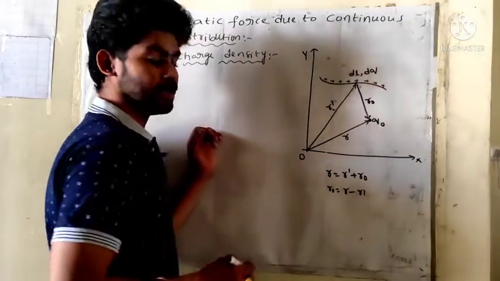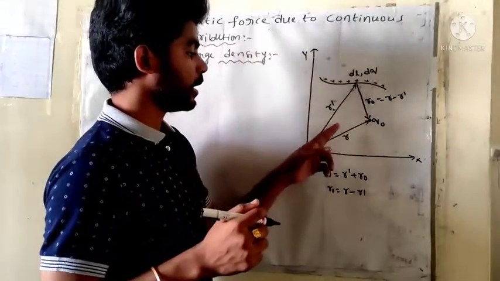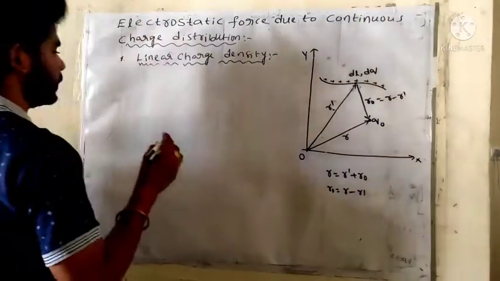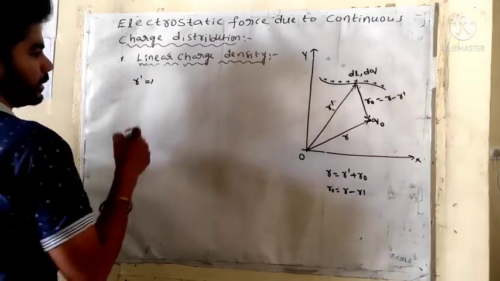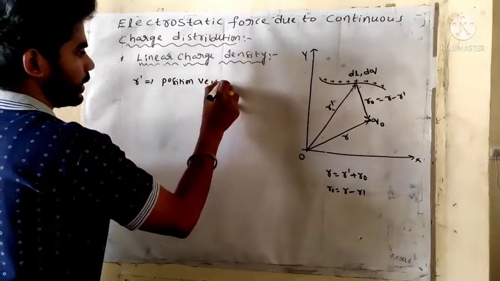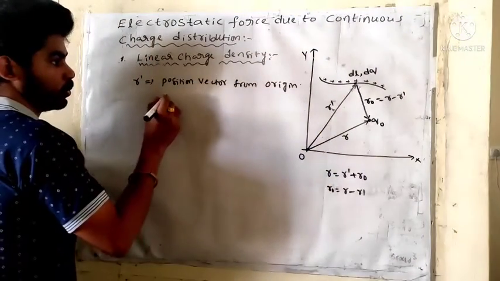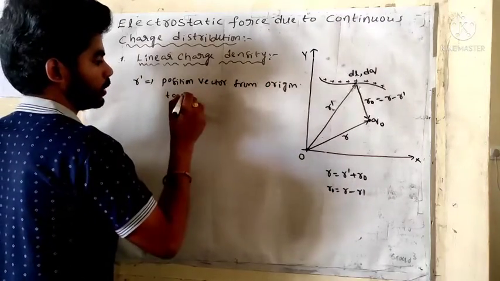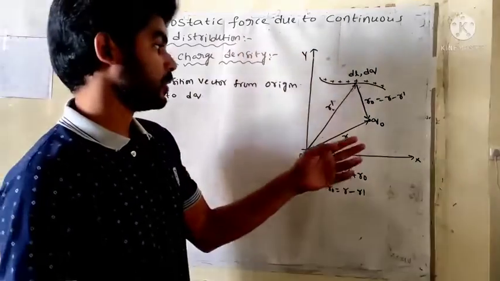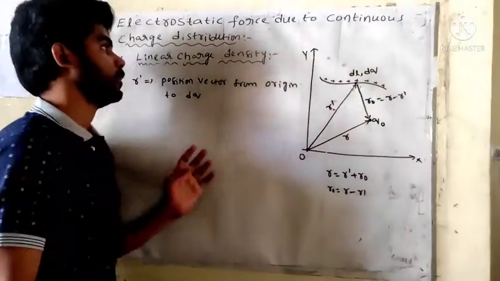Here r dash and r naught are position vectors. r dash is the position vector from the origin to the dq charge, and r naught is the vector giving the distance between the dq charge and the q naught charge.